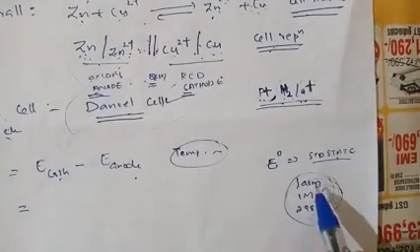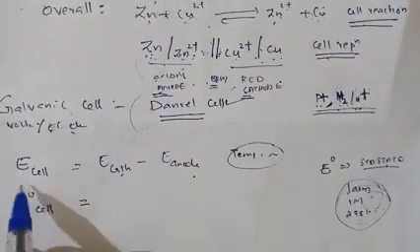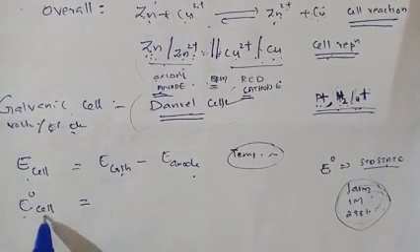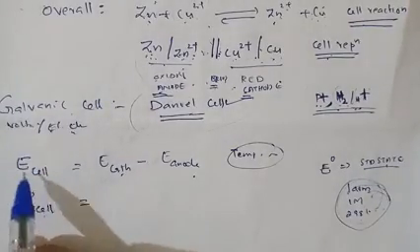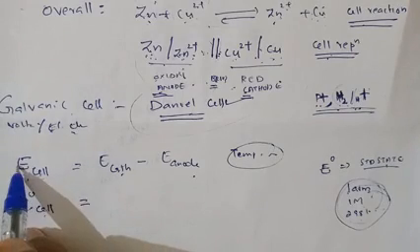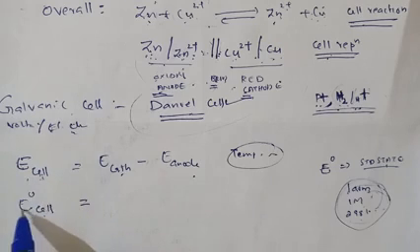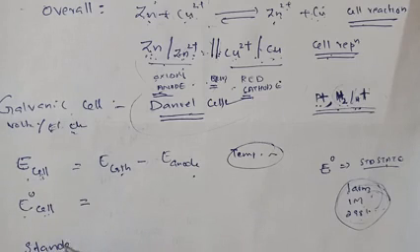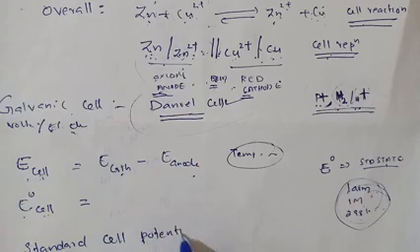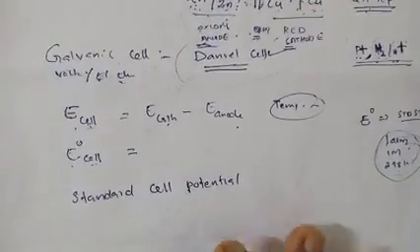So if I keep these conditions here, instead of E cell I can write E0 cell. If E cell is the cell potential, I can say E0 cell is the standard cell potential. Clear?